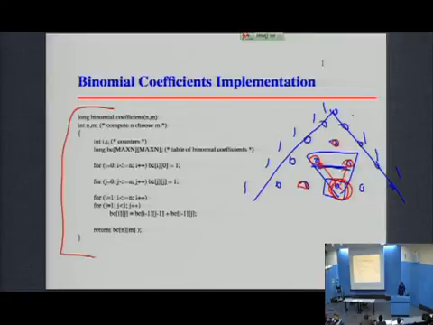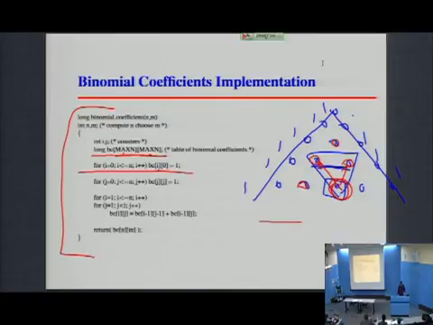This is my program for doing it. What am I going to do? I am going to set up a matrix. BC[i][j] is going to be an n by n matrix that will, for any value i and for any value j, tell me what i choose j is. I am going to fill in the case of i choose 0 as one of my basis cases.